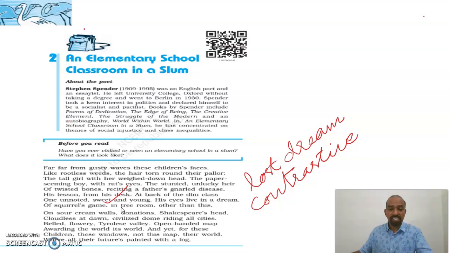But what he sees in his dream, a joyful enjoyment of the squirrel in the tree room, in the tree hollow. He wants to be like the squirrel, wants to lead a life of nature, but he can't.